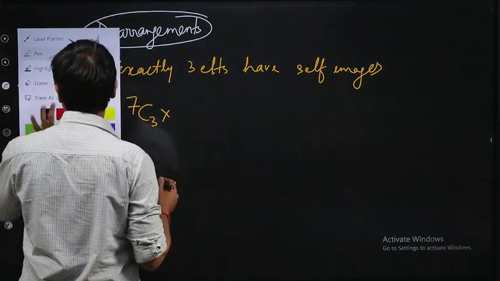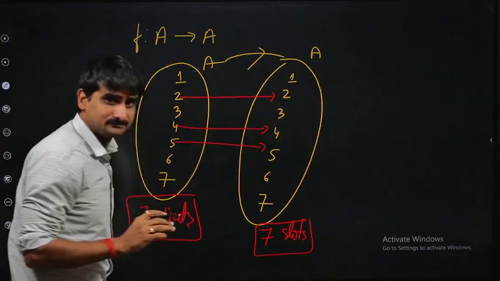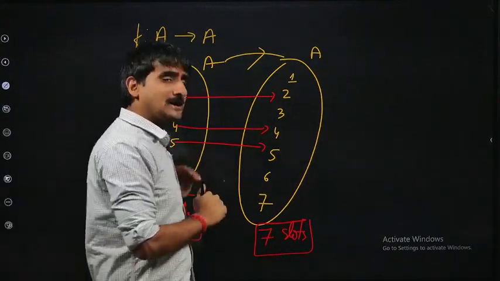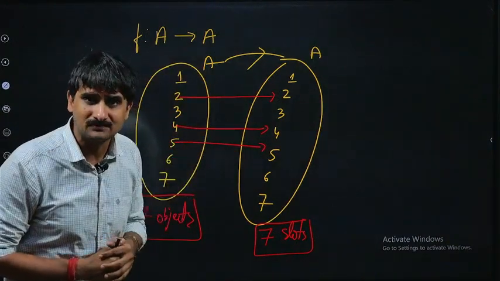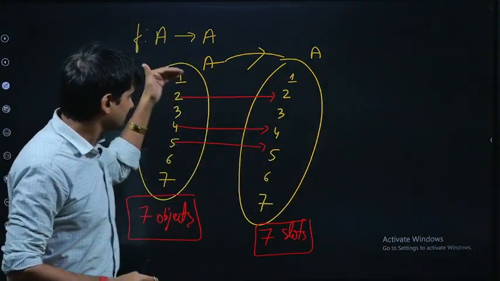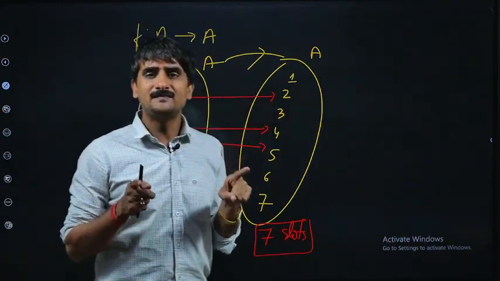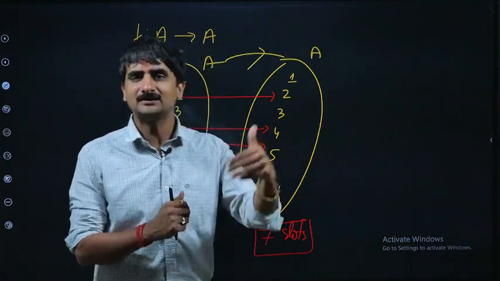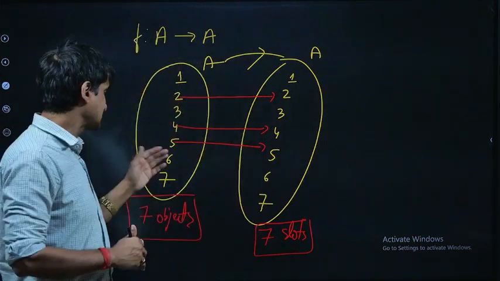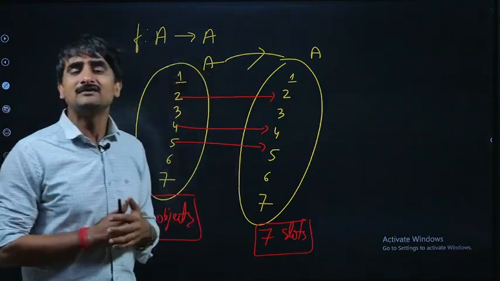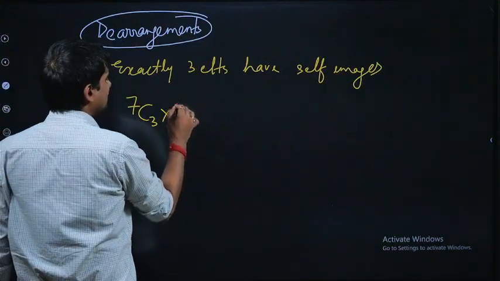Let's say 2 maps with 2, 4 maps with 4, 5 maps with 5. Now none of 1, 3, 6 and 7 should map with their corresponding same number. So these are 4 objects and their 4 corresponding places, and no object should occupy its own place. 1 can't go to 1, 3 can't sit at position 3, 6 can't sit at position 6, 7 can't sit at position 7. That's a derangement. So it is the derangement of 4 elements.